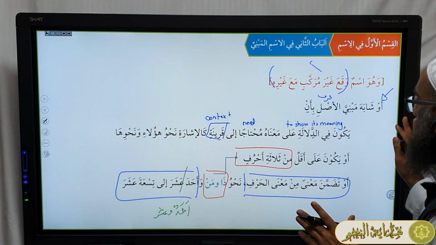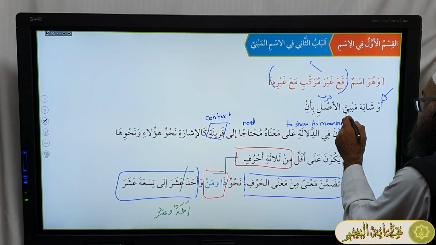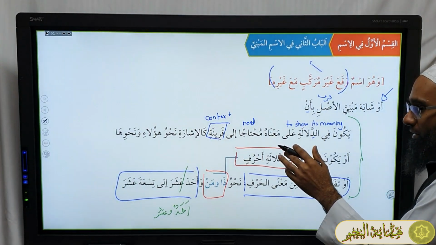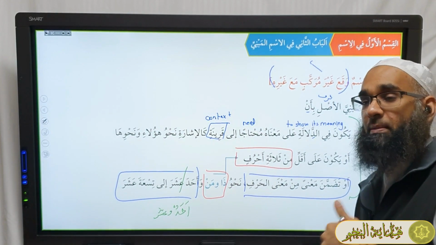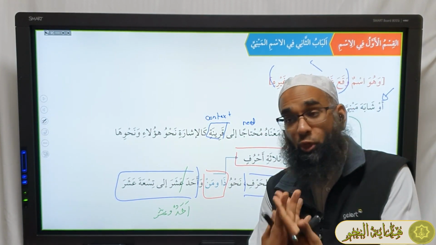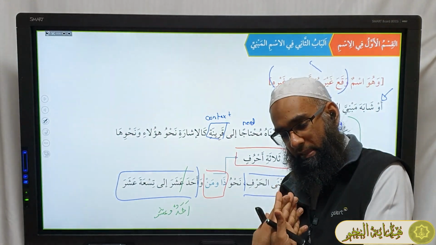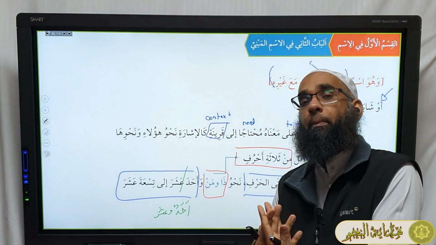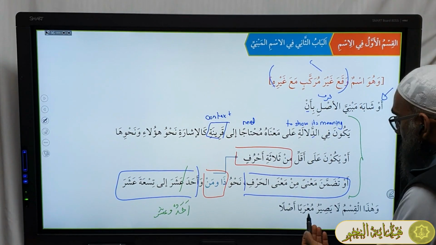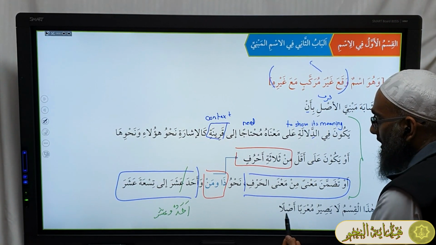So these are the types of ism. These ism resemble the mabni al-asl, which is a harf. So because they resemble the harf, it adopts a quality of the harf, which is bina, becoming mabni. Understood? وَهَذَا الْقِسْمُ لَا يَصِيرُ مُعْرَبًا أَصْلًا.